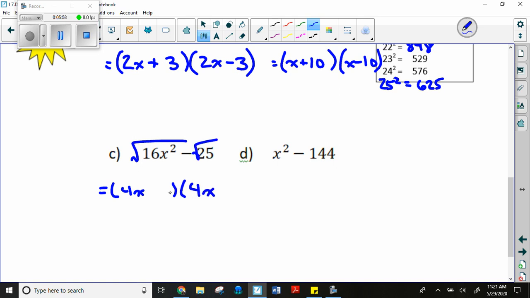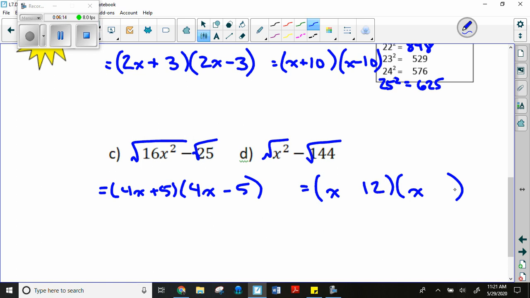Square root of 25 is a 5 and a 5. One's positive, one's negative. Last one, square root of x squared, x, x. Square root of 144, 12, 12. One's positive, one's negative. How are we feeling about that?